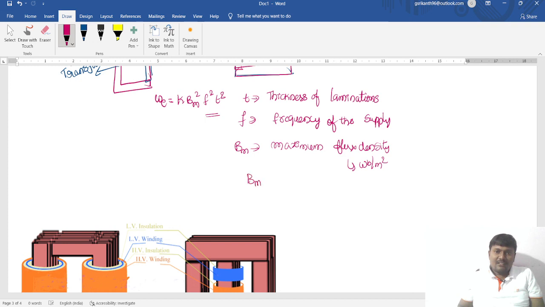B max is equal to phi m divided by area.